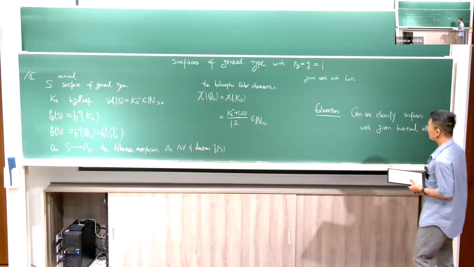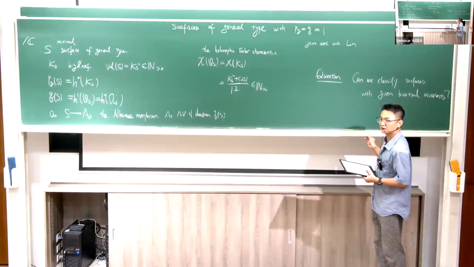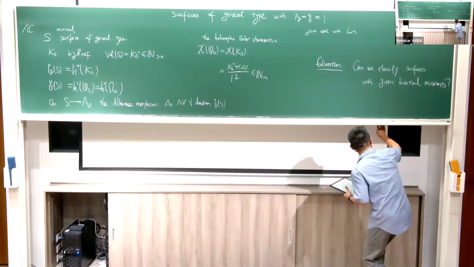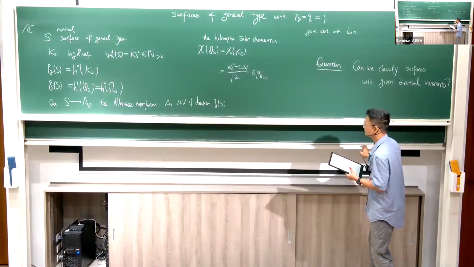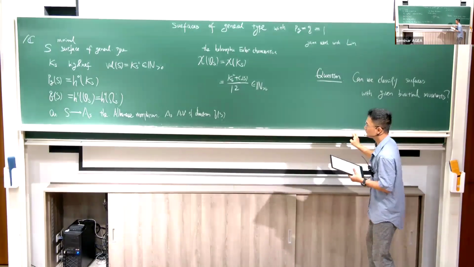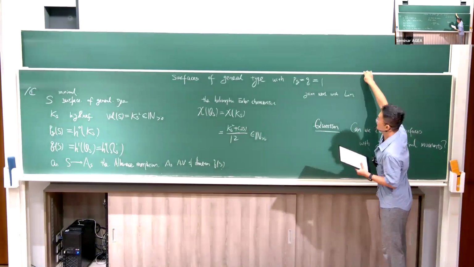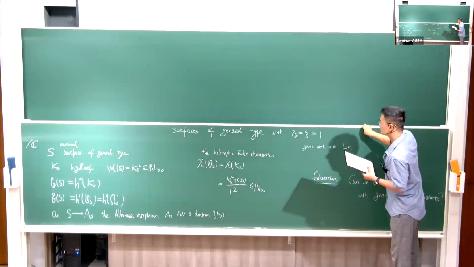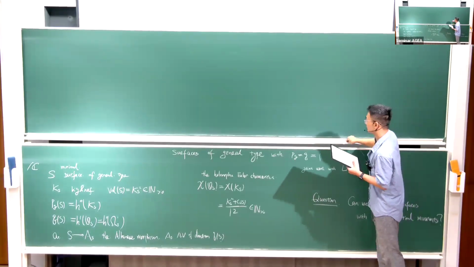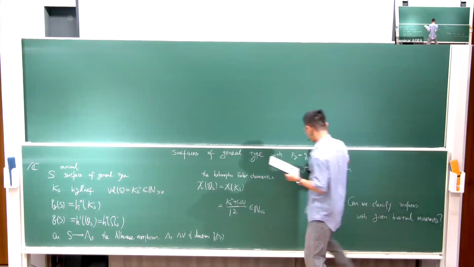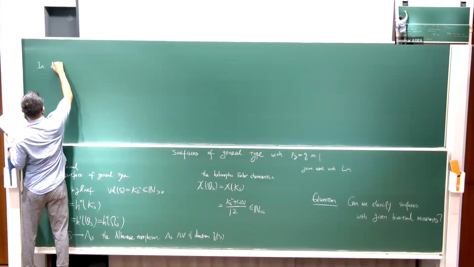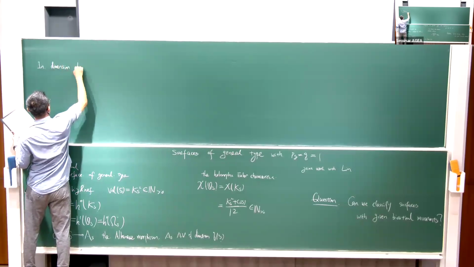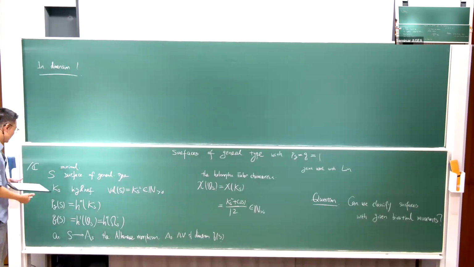For example, let's look at the picture for the dimension 1 case. In dimension one, we don't need this kind of birational invariant.